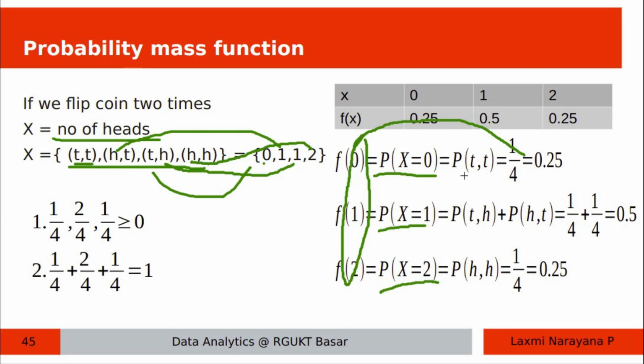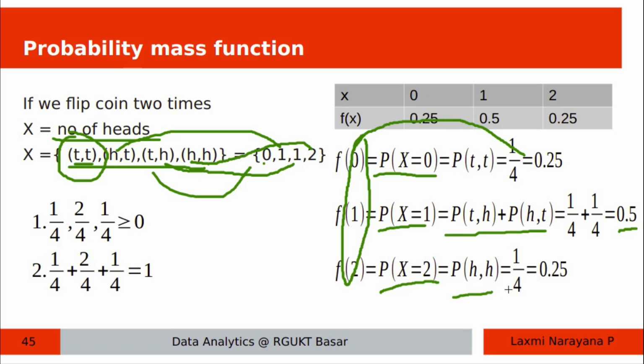For getting 0 heads, there is only one chance, t comma t. Out of 4 possible outcomes, there is only one possibility of getting 0 heads. So 1 by 4, it is 0.25. And for getting 1 head there are 2 chances, 1 by 4 plus 1 by 4, it is 0.5.